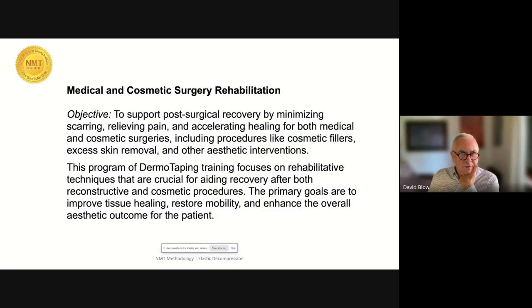Medical cosmetic surgery, obviously the surgeon does it all for you, but the surgery also creates scarring, pain, reduced healing processes, non-symmetrical results, and non-bilateral results.